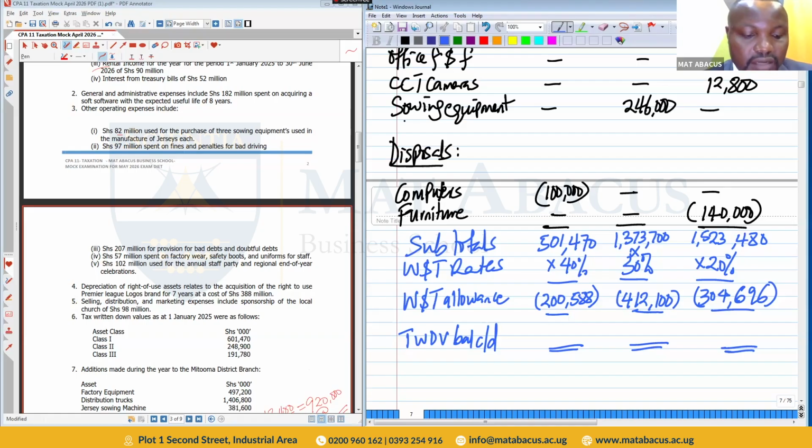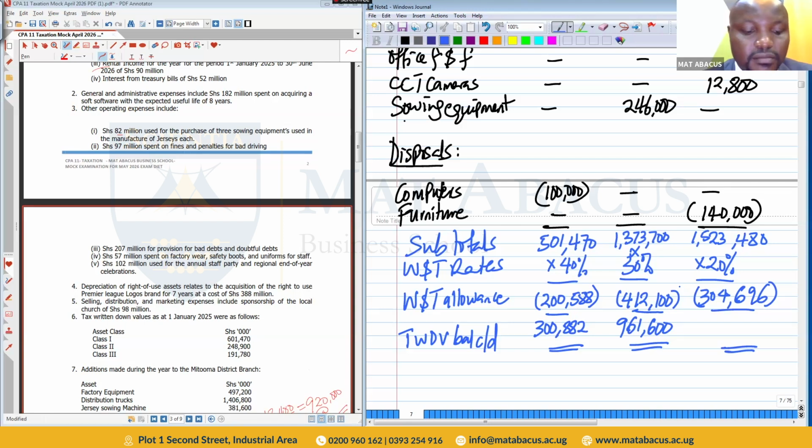So I will get 501,470 minus 200,588, which will be 300,882. Next, 1,373,700 minus 412,100, which will give me 961,600.